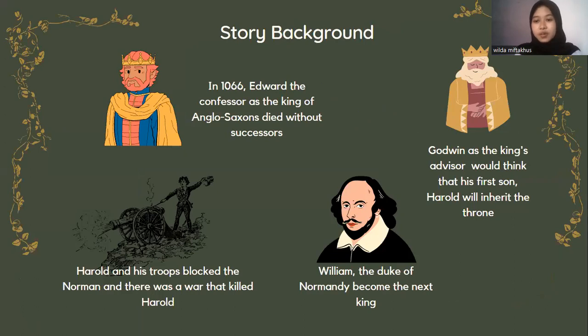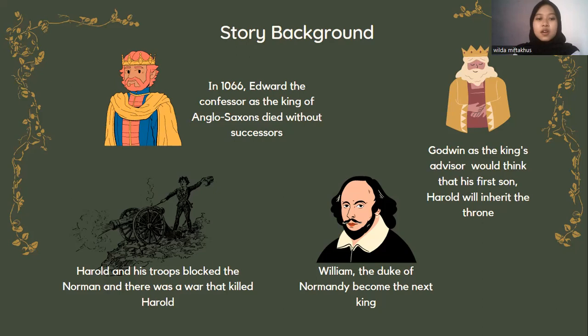And here is the story background. In 1066, Edward the Confessor, the king of the Anglo-Saxons, died. However, he had no descendants as his successor. So everyone in that society, and Godwin himself as the king's advisor, thought that Godwin's first son, called Harold, would inherit the position of the king.